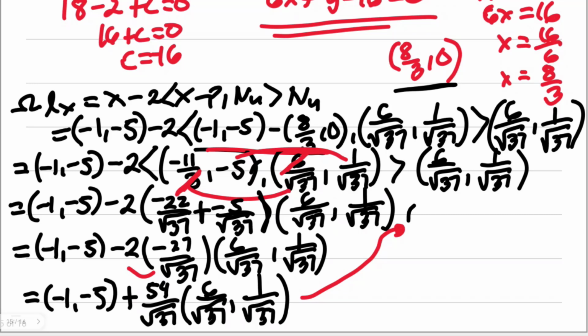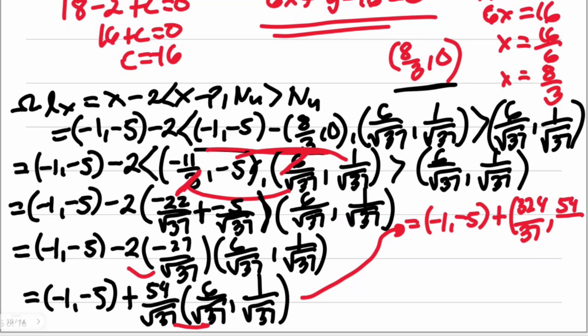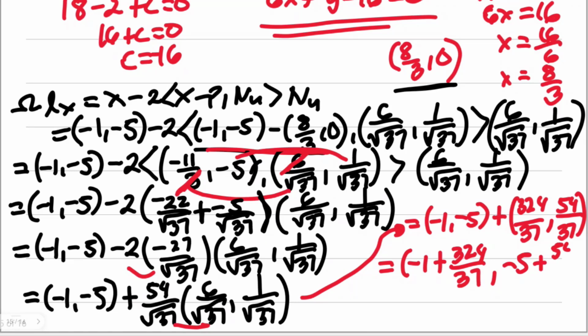So you have -1, sorry for that, let me use another color to differentiate the steps. -1 minus 5, you have here plus, this time 54 times 6 is equal to 324 over 37 without the square root, because again it would be simplified. So plus, the other one is 54 times 1 is 54, then you have your 37. So basically you will have -1 plus 324 over 37, and the second component -5 plus 54 over 37.